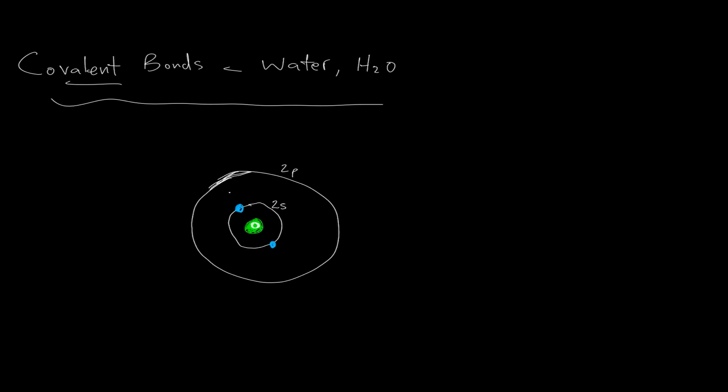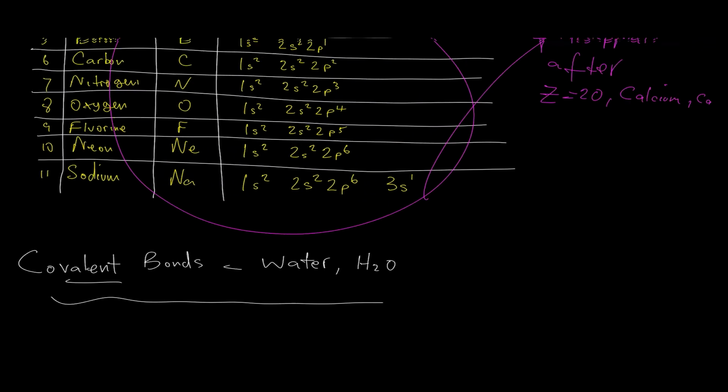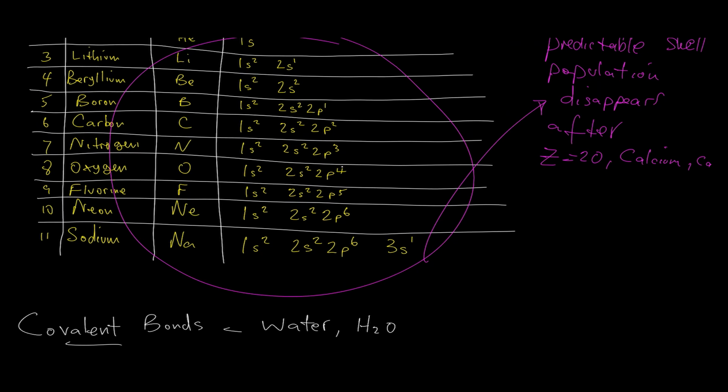Now, in the 2p for oxygen, let's just go back up and have a look at that table. So oxygen 2p, here we are, I've circled it for you. In the second shell, it has 6 electrons here. That 2 and that 4 gives us 6.